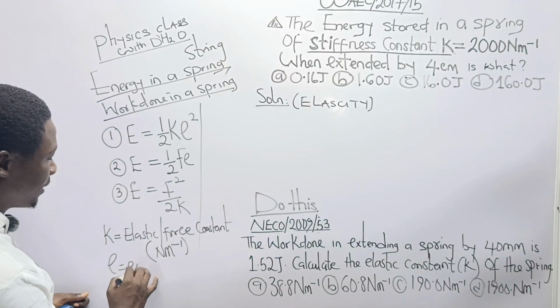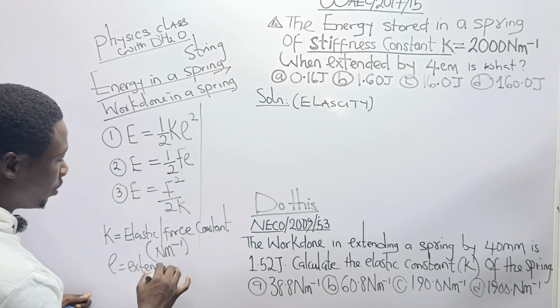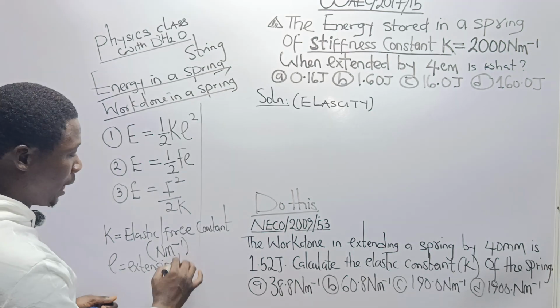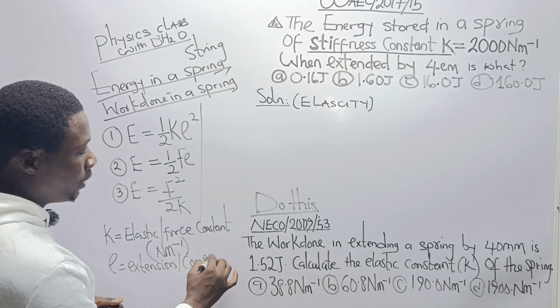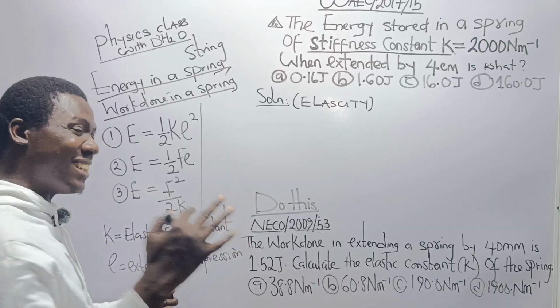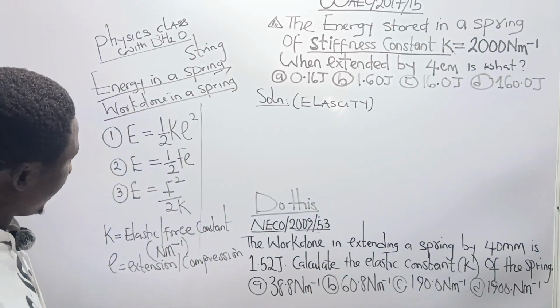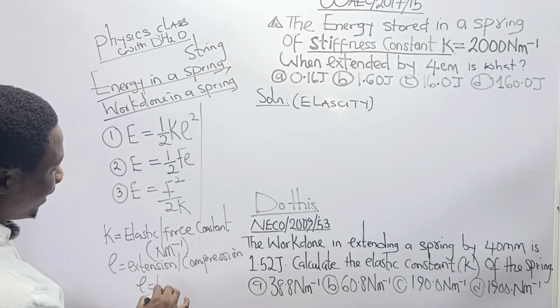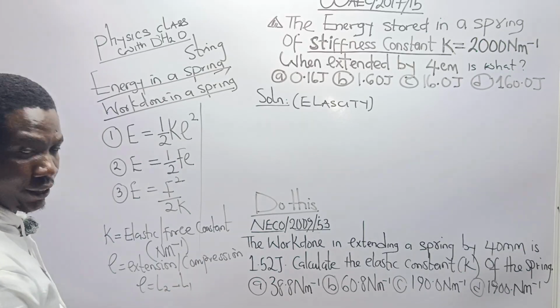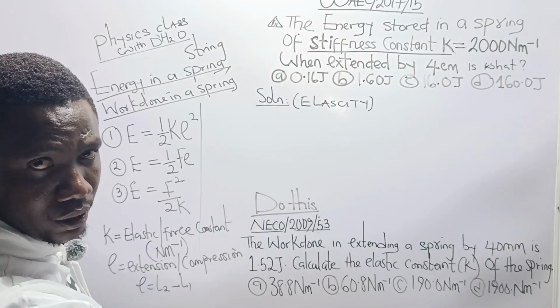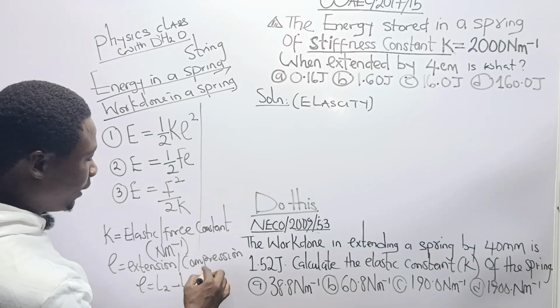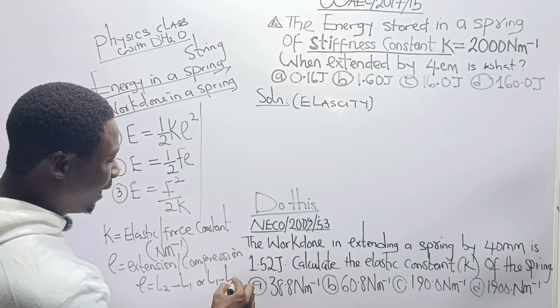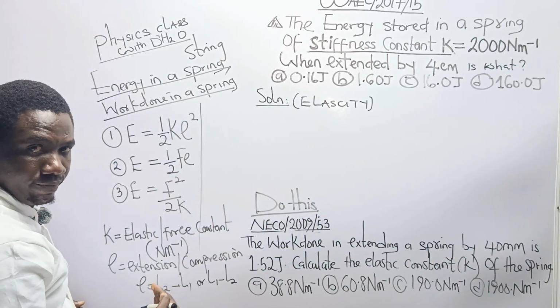E is known as the extension produced. This extension sometimes can be called compression if the spring compresses. Take note. Your extension is the final length minus the initial length when it is increased, or the initial length minus the final length when it is decreased.